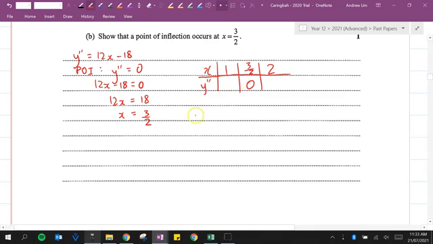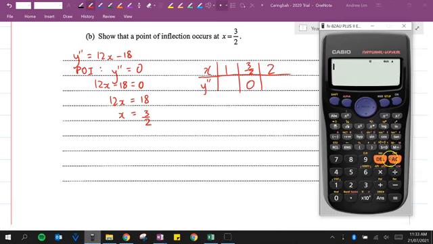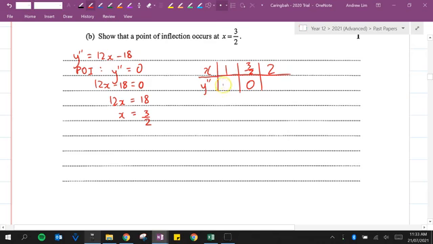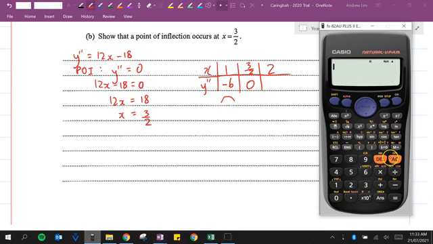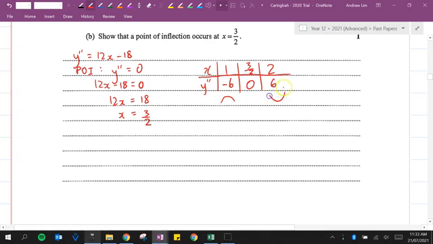What is y double dash when x is 1? We've got 12 lots of 1 minus 18, which is negative 6. So that's concave down because it's negative. When x is 2, we've got 12 lots of 2 minus 18, which is positive 6. That's concave up because it's positive. So I'm just going to write here concavity. And now that we've done that, we can say, therefore, there's a point of inflection at x is equal to 3 over 2.